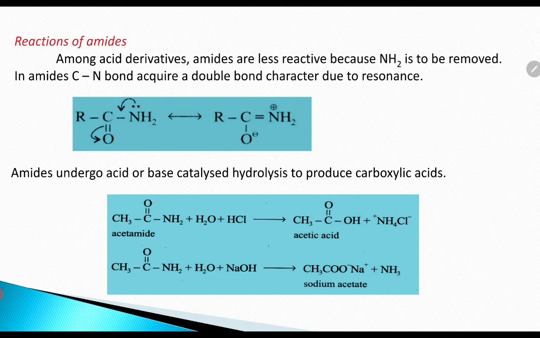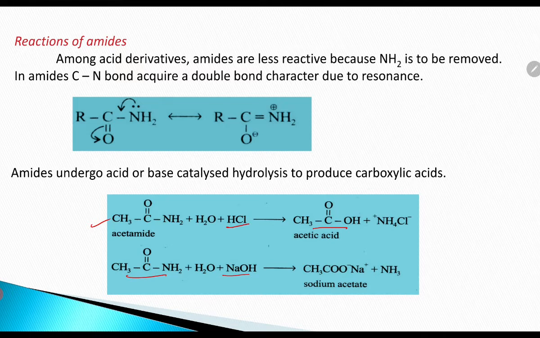For example, see acetamide. Acetamide on hydrolysis in the presence of an acid gives rise to acetic acid. That is, CH3CONH2 is converted to CH3COOH. And acetamide on hydrolysis in the presence of a base gives rise to the salt of the carboxylic acid.